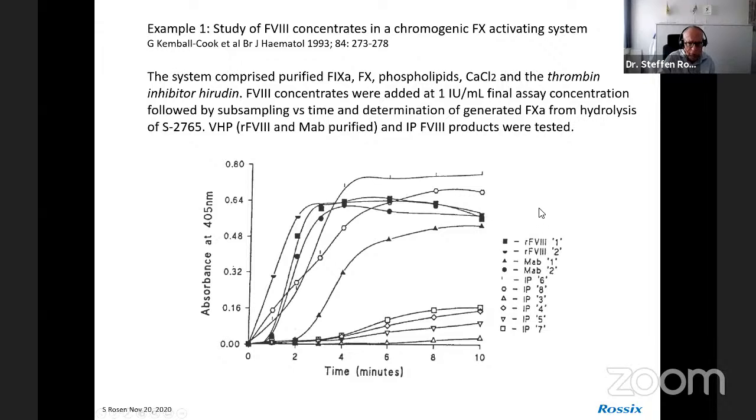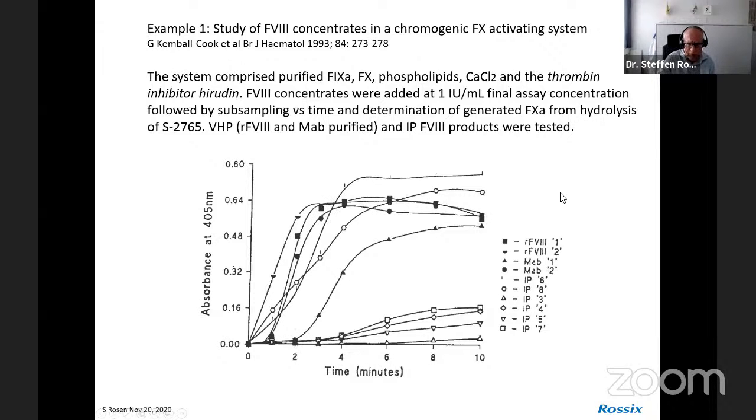And the factor VIII concentrates were added at a high final assay concentration of actually 1 unit per mL. They subsampled versus time and followed the determination of generated 10A by hydrolysis of S-2765.